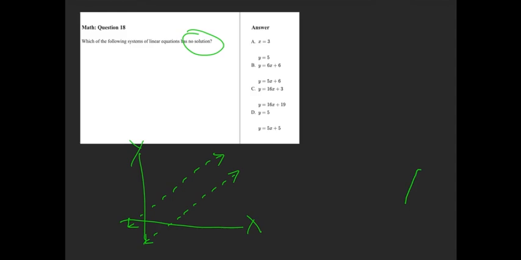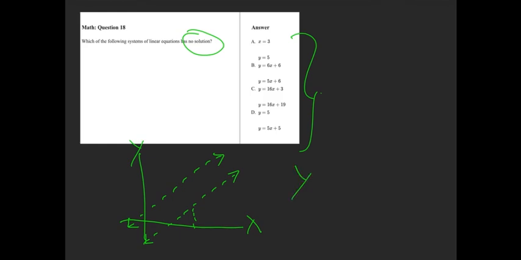How do we know, based on the equations, if the two lines never touch? That would be the slope. The slope is rise over run. If the rise over run of the two equations is the same, that means they will never touch, because their steepness is going to be the same.